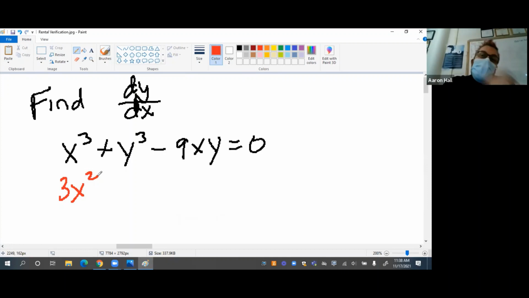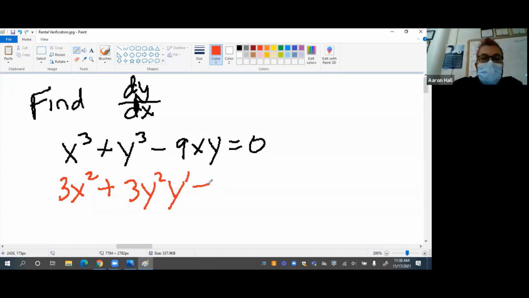In this case there is no inside function because we're taking the derivative with respect to x. All right, what about this one here? Is that a multiplication or addition sign? This is addition. Okay, and that'll be plus 3y squared times y prime. Nice.